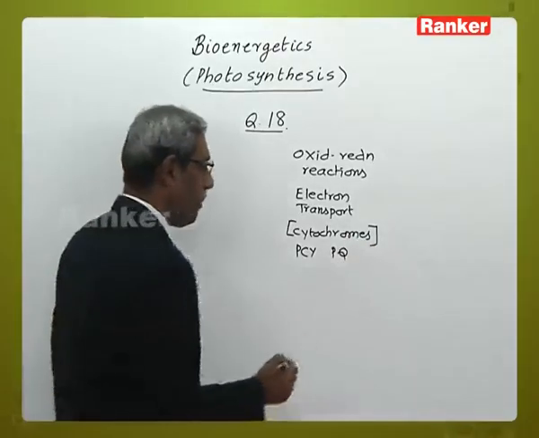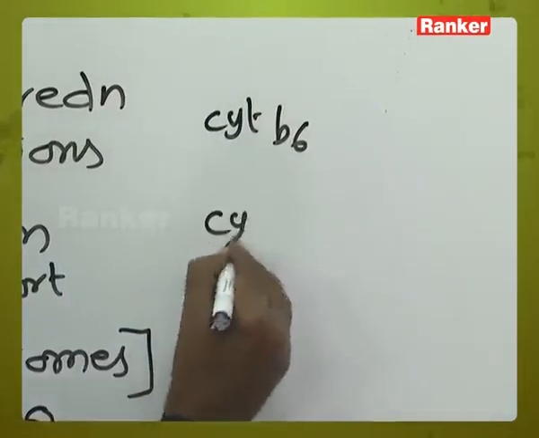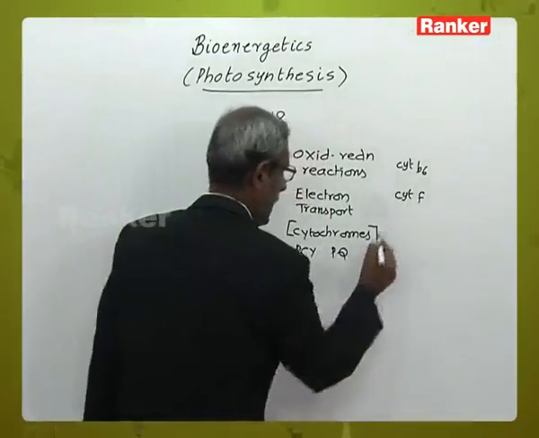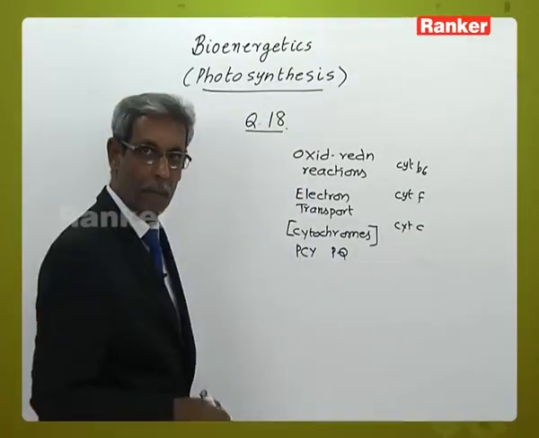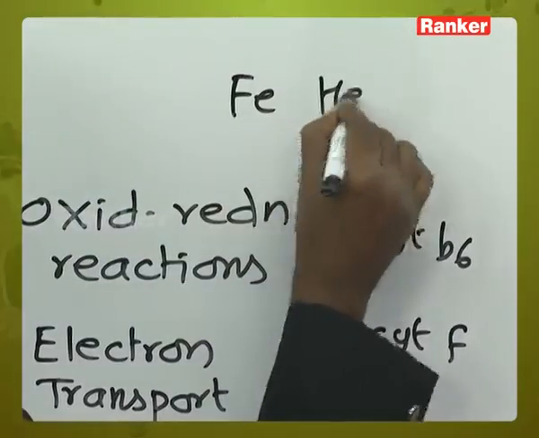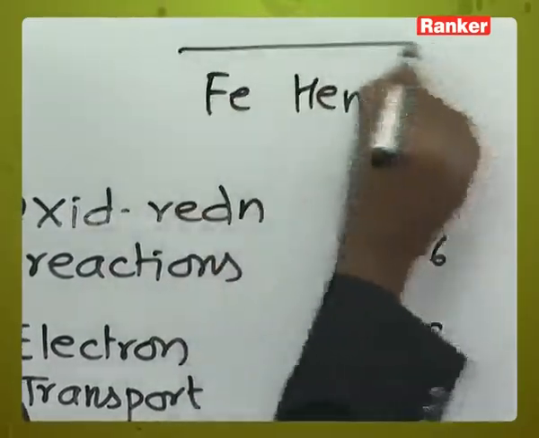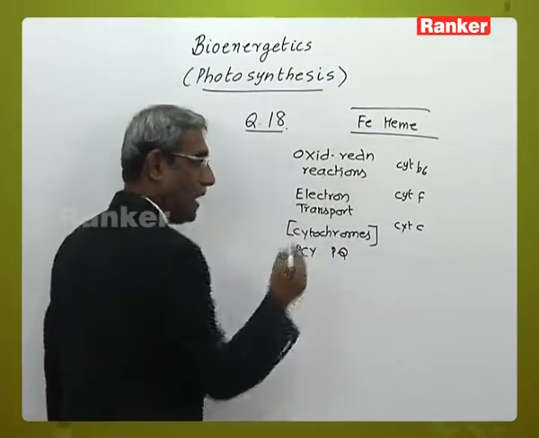Now, what exactly are cytochromes? Cytochromes include compounds like cytochrome b6, cytochrome f, and cytochrome c. Cytochromes are predominantly compounds which are rich in heme iron. They are iron complexes which can easily get oxidized and reduced.